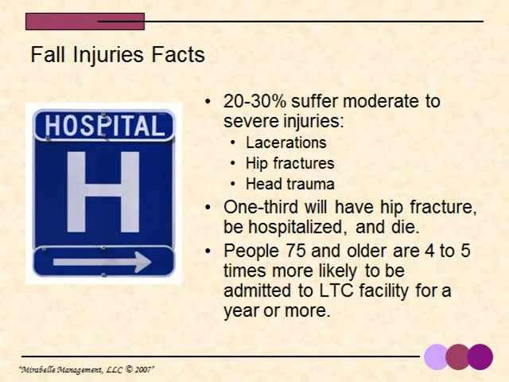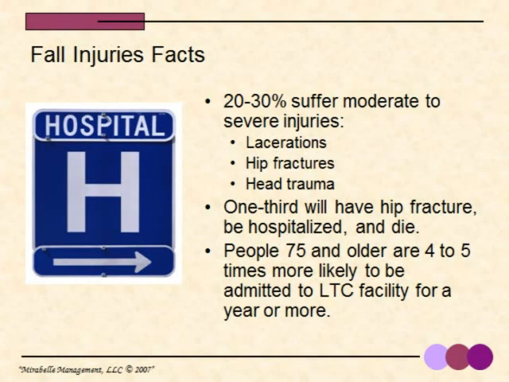Of those who fall, 20 to 30% suffer moderate to severe injuries, such as lacerations, hip fractures, or head traumas that reduce mobility and independence, and increase the risk of premature death. One third of the older adults who fall sustains a hip fracture, is hospitalized, and dies within 1 year.